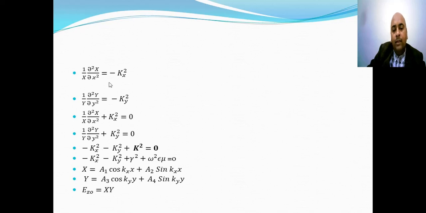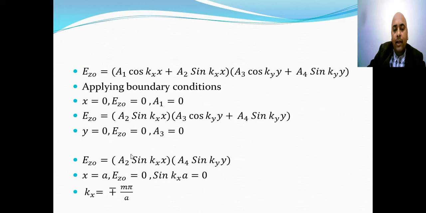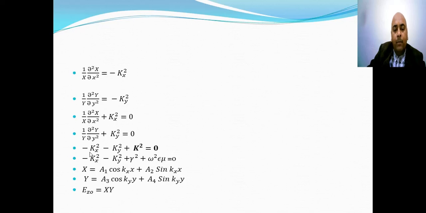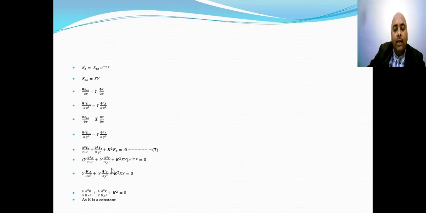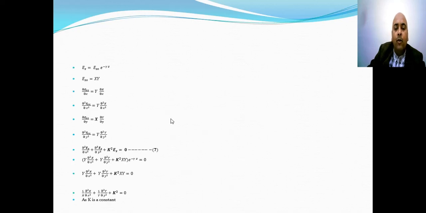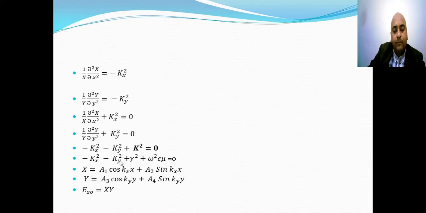After putting these values of kx² and ky² into this equation, we obtain minus kx² minus ky² plus k² is equal to 0. The value of k that we have already discussed is k² = γ² plus μ0 ε0 ω² is equal to 0.